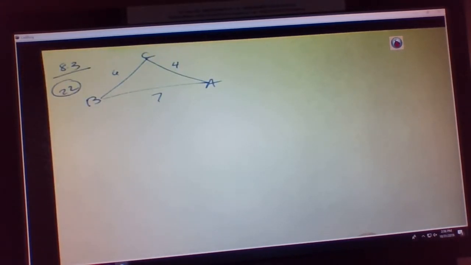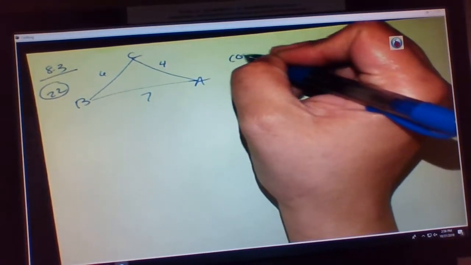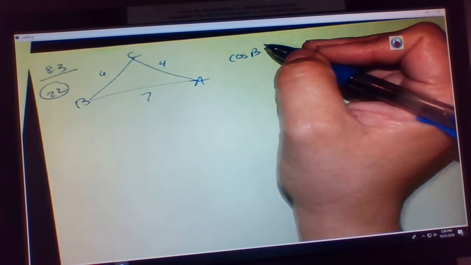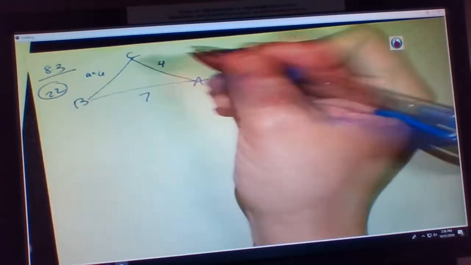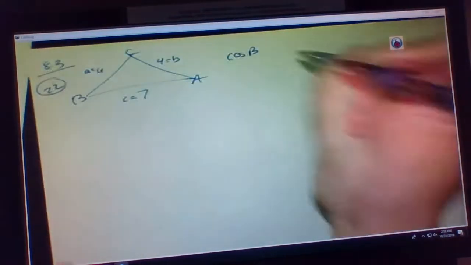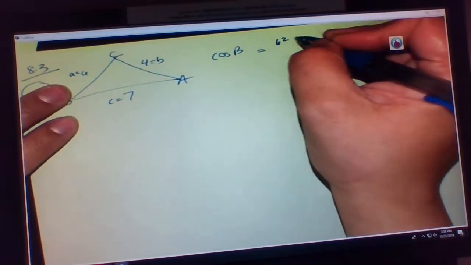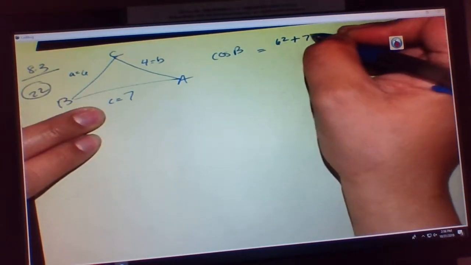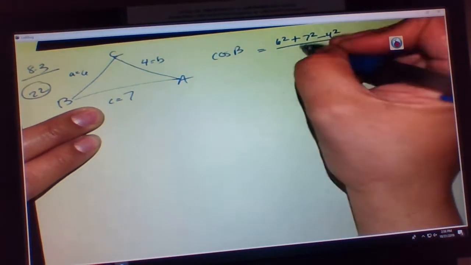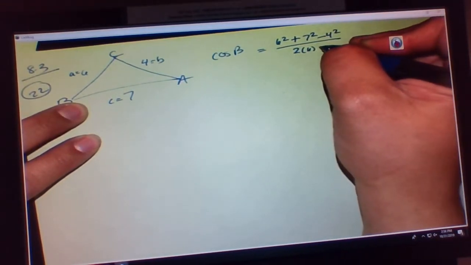So this one, really quick. If I'm looking for angle B, cosine of B, so this is your A, this is your B, and this is your C. 6 squared plus 7 squared minus 4 squared, all of this over 2 times 6 times 7.